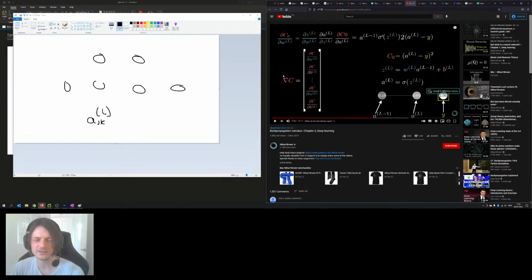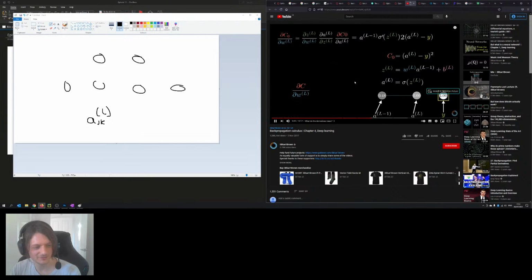Wait, so okay, so the change in the cost is equal to a matrix of each layer. Is this layer? I wonder what the 1 represents, so maybe I should watch this again.